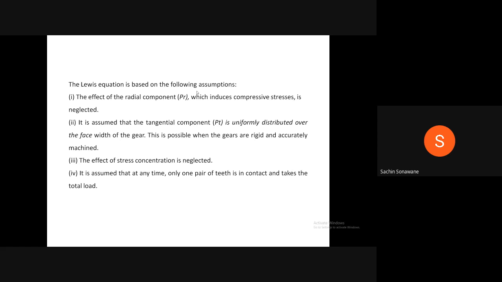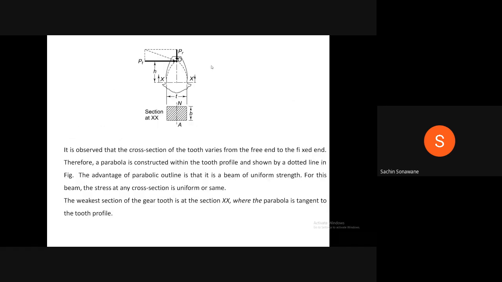Hello, I think you have written this. Now next, it is observed that the cross section of the tooth varies from the free end to the fixed end. Therefore, a parabola is constructed within the tooth profile and shown by a dotted line in the figure.